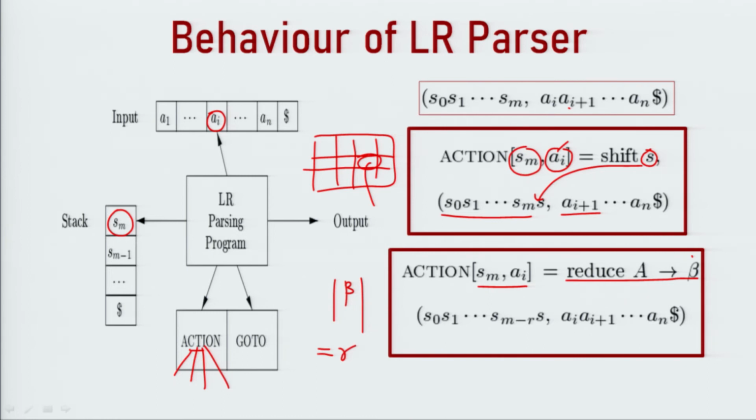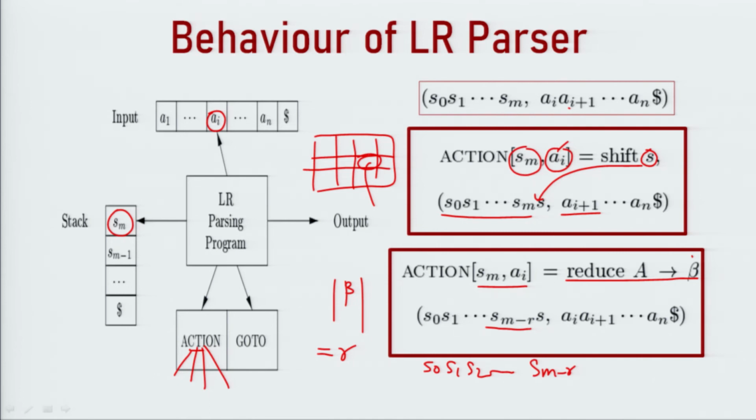So, we pop r symbols from the stack. From the initial configuration, after r symbols have been popped, we get S0, S1, S2 up to Sm minus r.